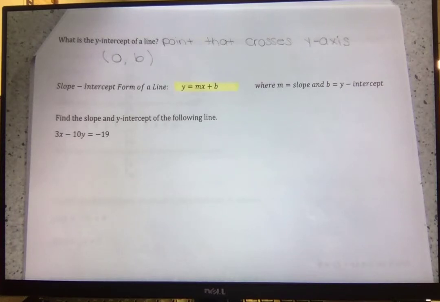So let's do an example. It asks us to find the slope and the y-intercept of the following line: 3x minus 10y equals -19. Is this in slope-intercept form? No. Bonus question: what form is this in? Yeah, standard. Good.